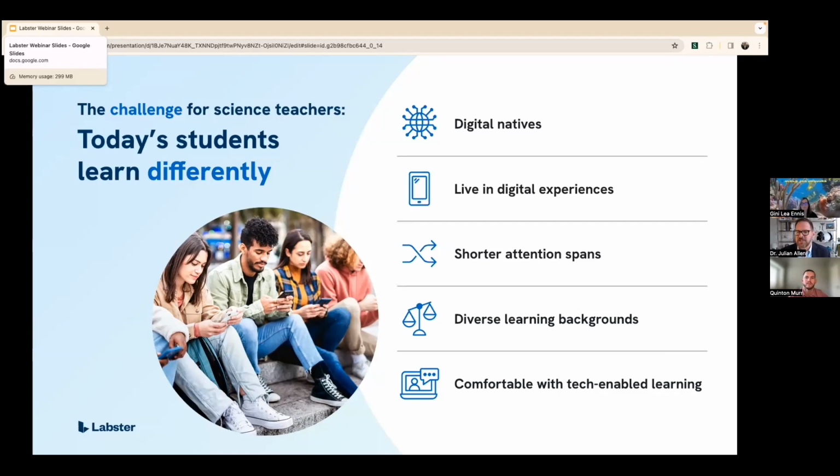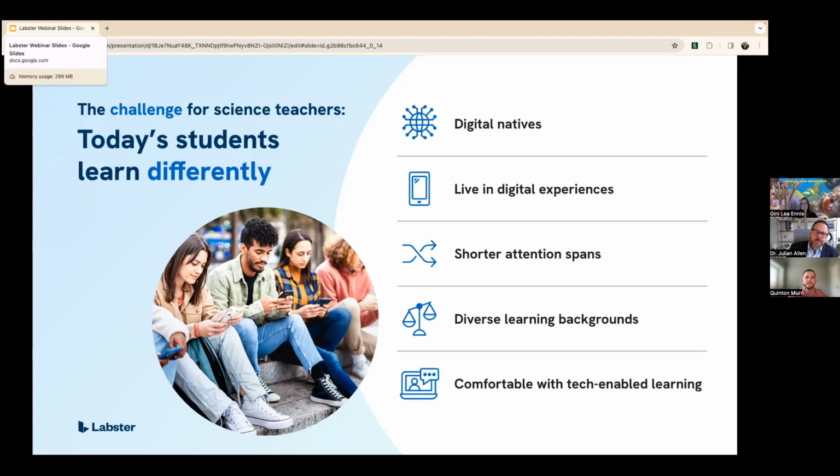It seems like such a generational shift that's been happening, where we have students who are now being born and getting into middle school and high school, having always had access to a digital device in their hands. And we find ourselves sometimes as educators competing for their time, competing for their attention.